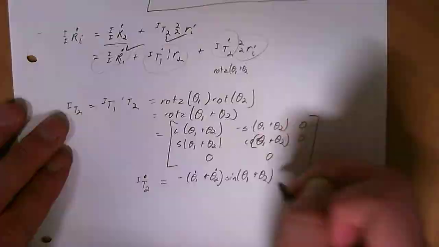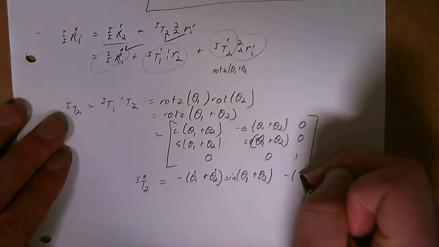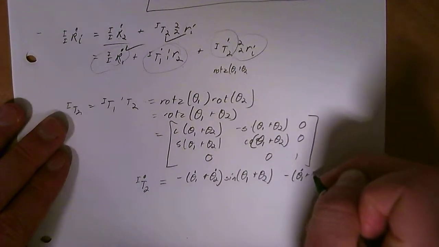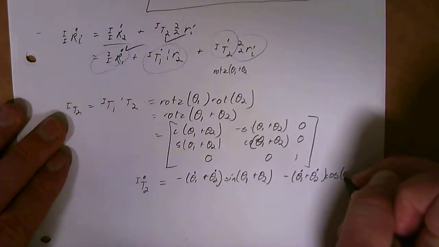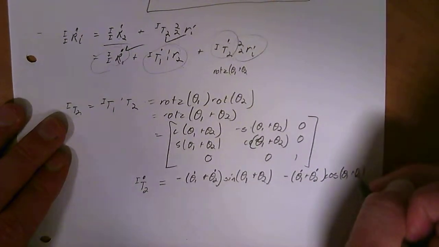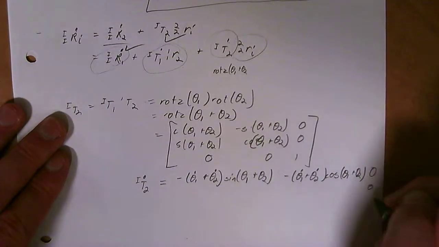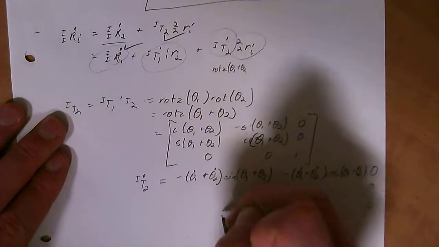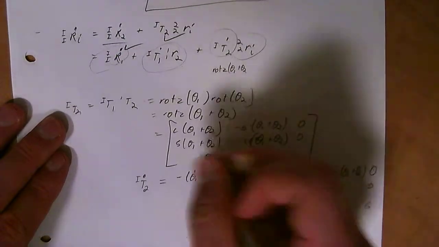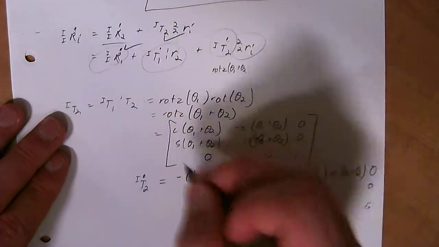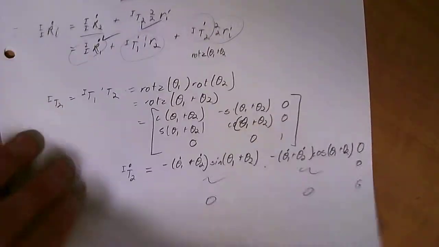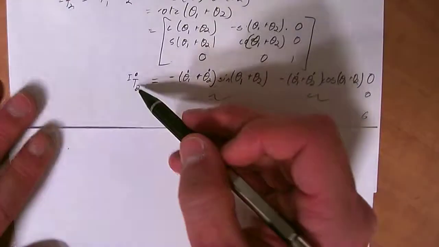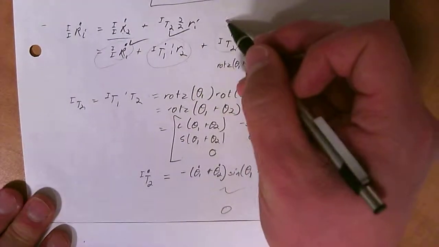Plus theta 2, minus theta 1 dot plus theta 2 dot cosine of theta 1 plus theta 2, 0, 0, 0, 0, 0, and stuff in here. Hopefully you guys can do the derivatives of these two right here. It's just like this. Alrighty, so now we have theta 2 dot. So we can check that one off.